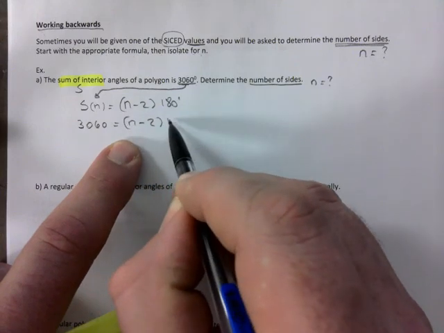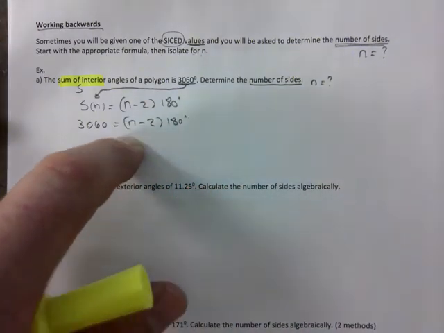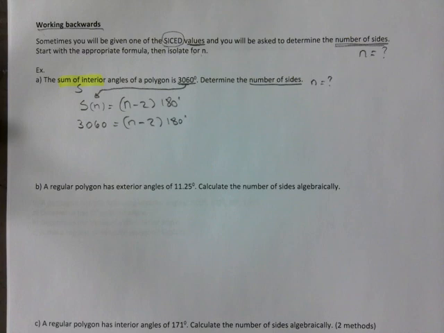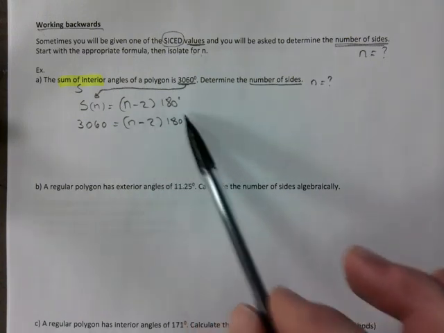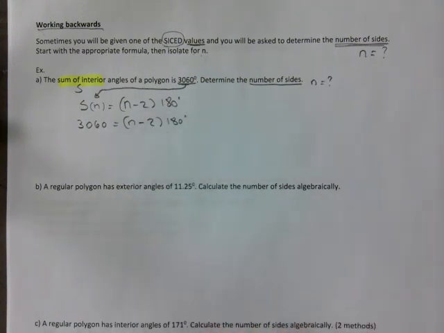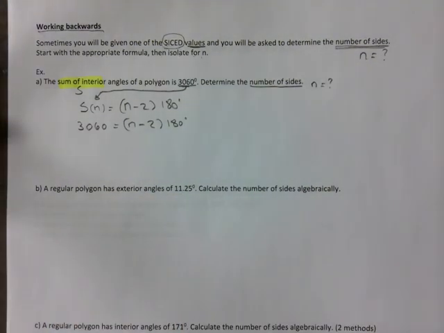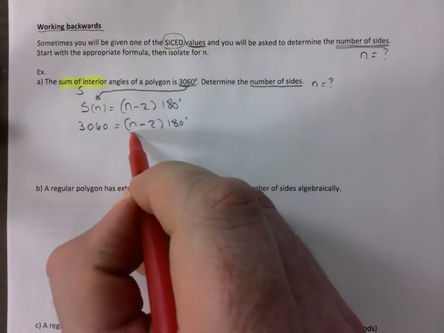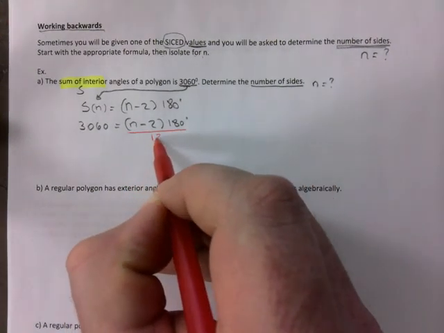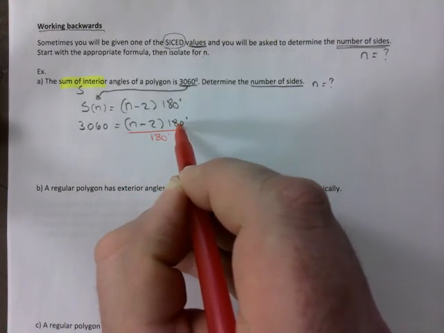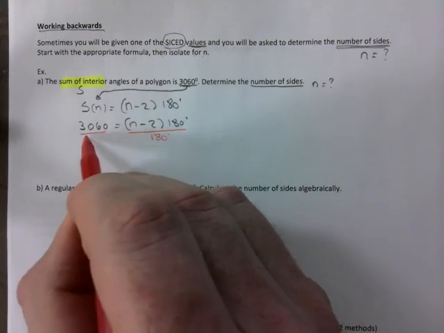And here's where it would depend on who teaches you at this point. Some teachers would say, hey, distribute this on this side. And I would say, why? I would just do this. And I'm going to use a different pen, different color. I will divide both sides by 180 first. I want to get rid of that 180 that's multiplying.